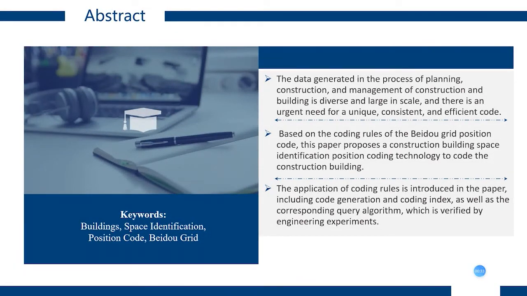Based on the coding rules of Beidou grid position code, this paper proposes a construction building space identification position coding technology to code the construction building. The application of coding rules is introduced in the paper, including code generation and coding index, as well as the corresponding query algorithm, which is verified by engineering experiments.